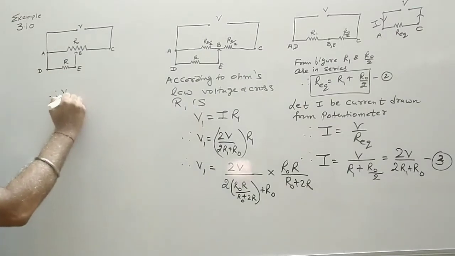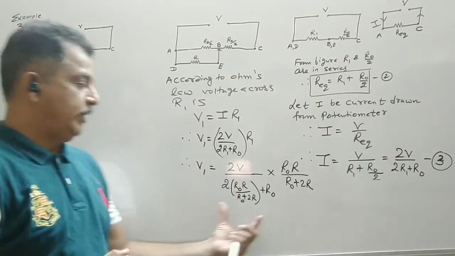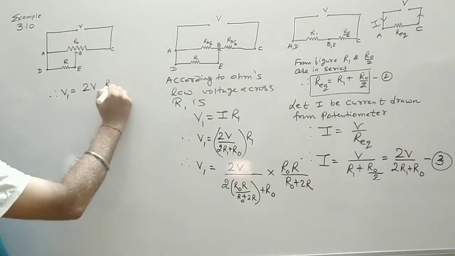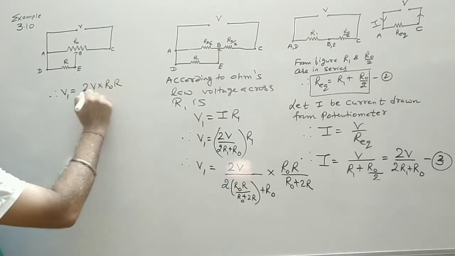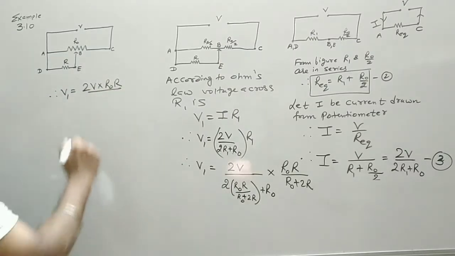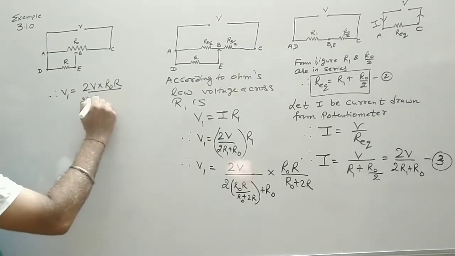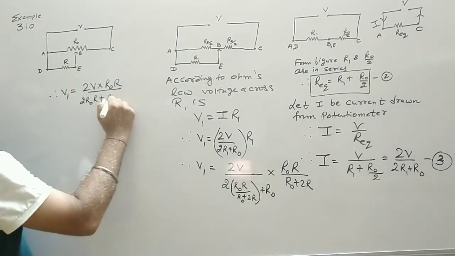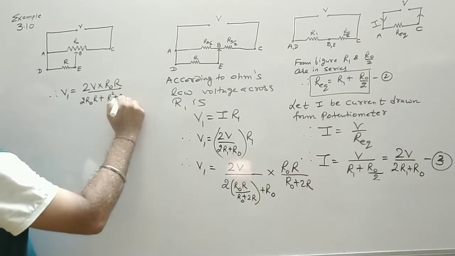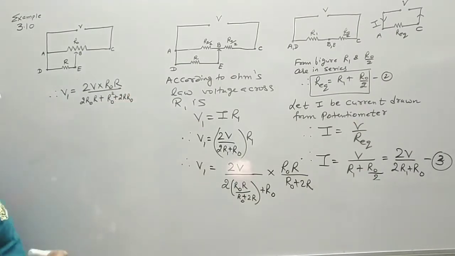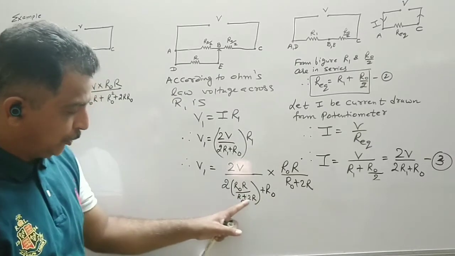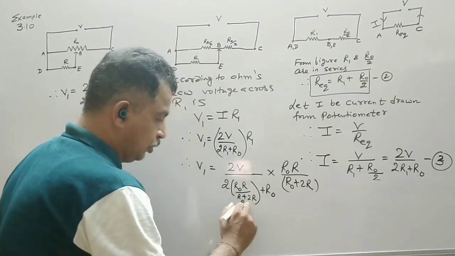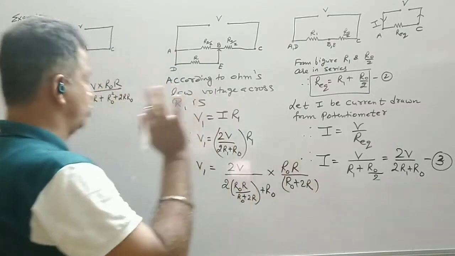Therefore, V1 is equal to, we take this LCM, twice V R0 R divided by twice R0 R plus, we take this LCM, that is R0 square plus twice R0, upon R0 plus 2R. This denominator goes upward and it will be cancelled by this term. So this R0 plus 2R, R0 plus 2R is cancelled.